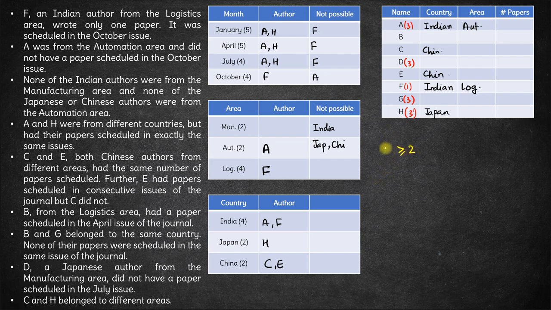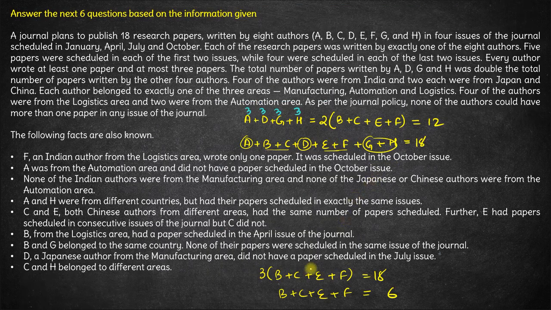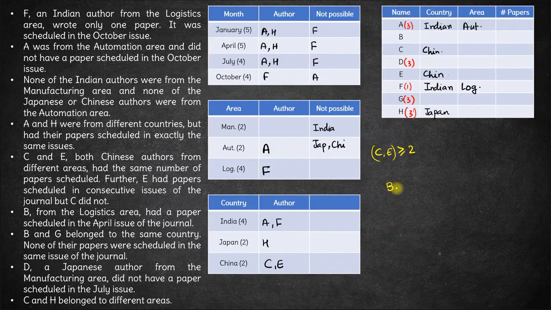And the same will be the case for C as well, because C and E both have the same number of papers scheduled. And also we know B plus C plus E plus F should be 6. Now, is it possible for C and E to publish 3 papers?